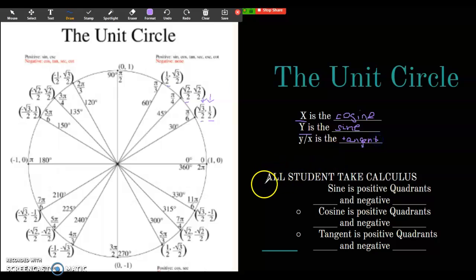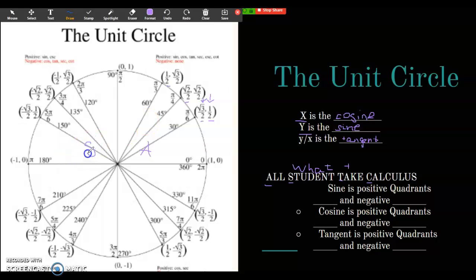And let's remember, all students take calculus. This told you what's positive. So if we're talking about all, we put that in quadrant 1. That's telling us all of the trig values are positive: sine, cosine, and tangent.